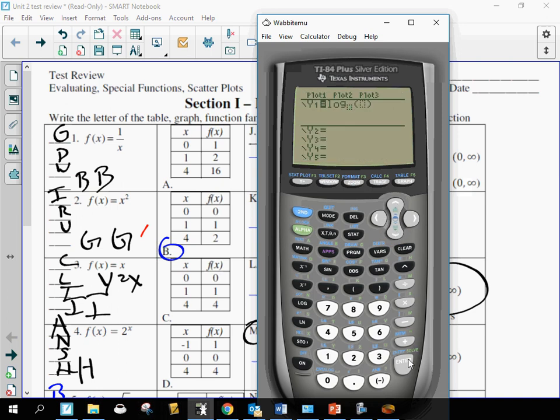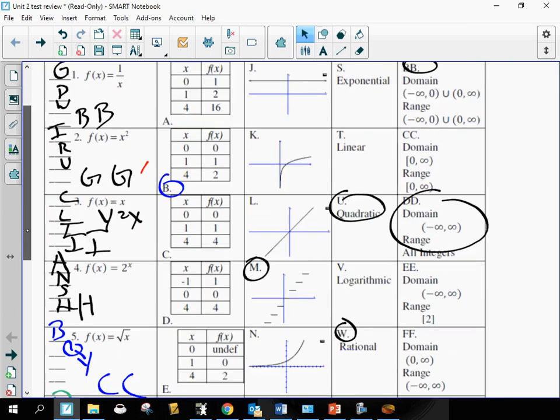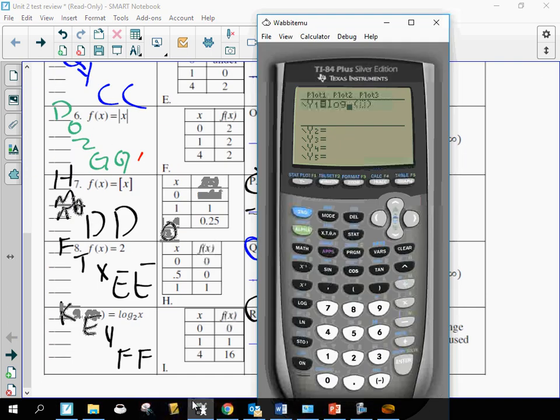When I bring that up, it's like number 9, but with the little 2 there. And I just do x. And I can graph. But I can also get my table of values to match my function. So for any of these, if you get stuck, you can always graph it and look at the table of values.